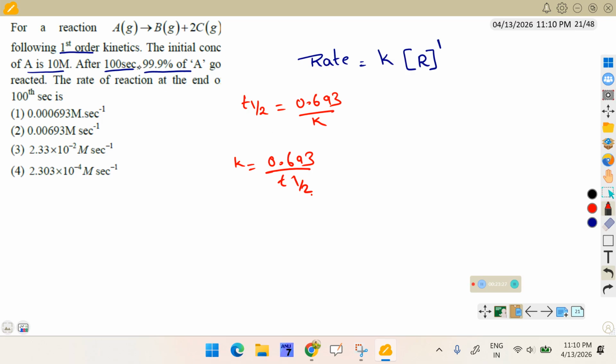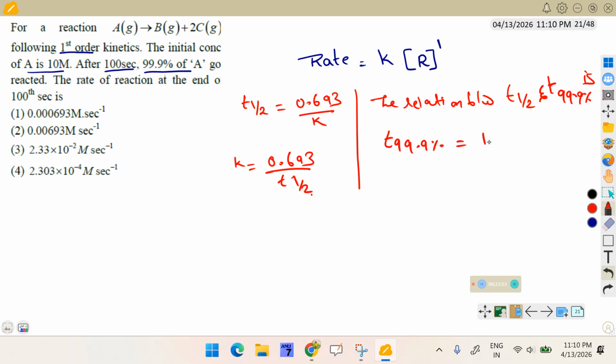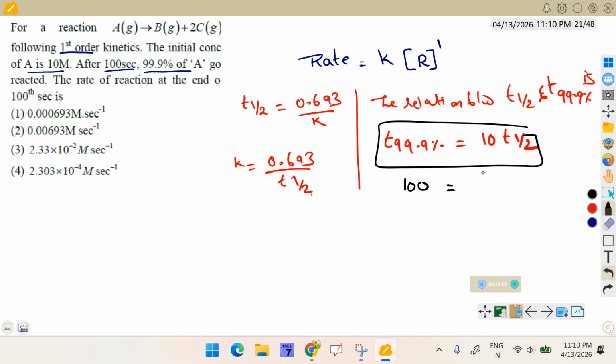Now here 99.9% is given. The relation between t 99.9% and t half: t 99.9% is equal to 10 into t half. t 99.9% value 100 is equal to 10 into t half. t half is equal to 10 seconds.